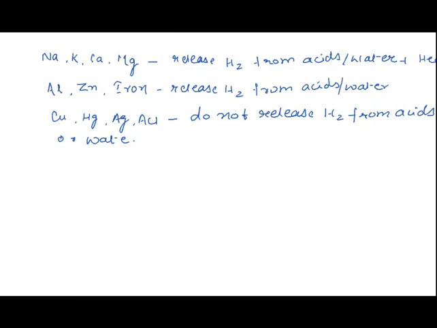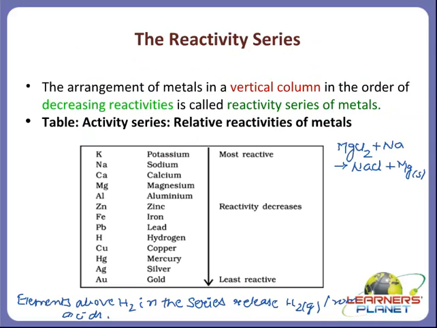Okay students? So the metals above are more reactive, releasing hydrogen gas with lots of energy. Those below them release hydrogen but no energy is evolved. And below hydrogen they do not release hydrogen gas from acids. So now I'll conclude this session.